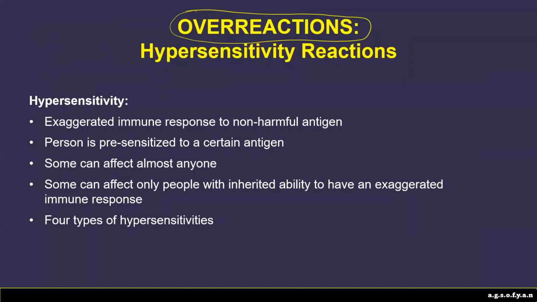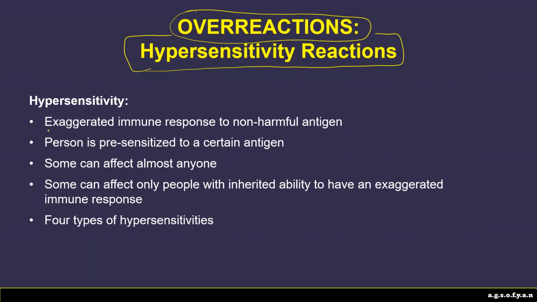Usually it happens to some people that have this kind of abnormality disorder. These overreactions are mostly called hypersensitivity reactions. Their immune system is really hypersensitive against something that is not harmful in our body.